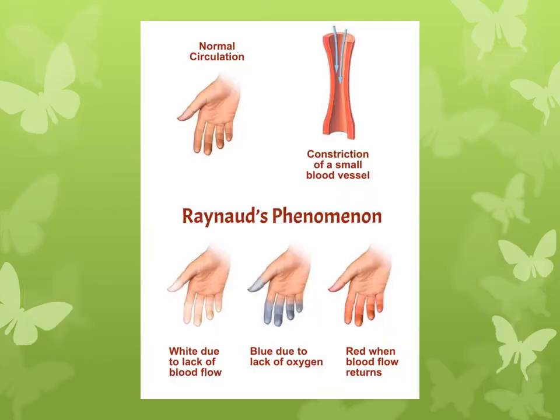In normal circulation you don't see the color change, but in systemic sclerosis patients, due to constriction of the small blood vessels, you might see the change in color. White is due to lack of blood flow, blue is due to lack of oxygen, and red is due to the rebound when blood flow returns. In the same patient, you may see two of these colors or three of them.